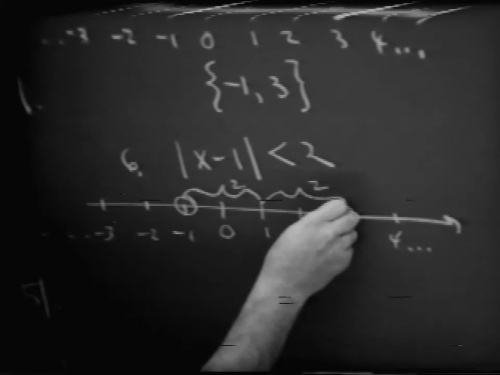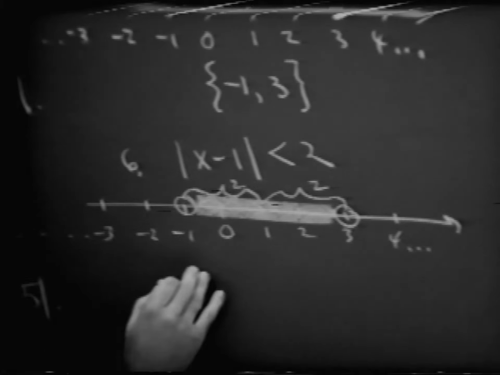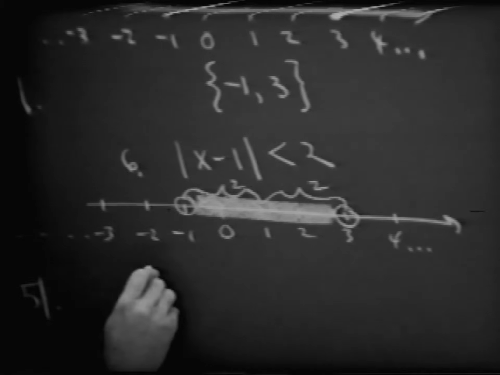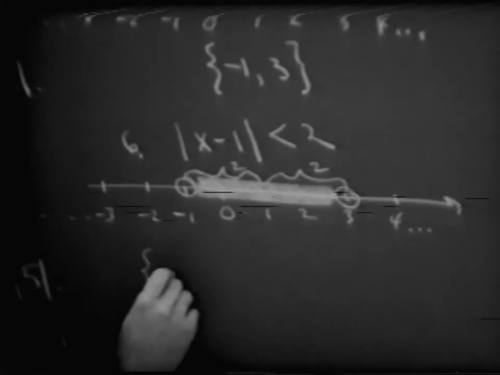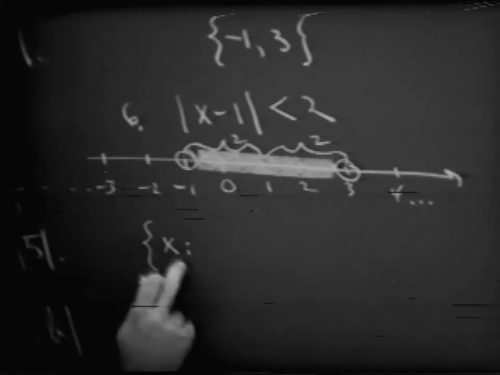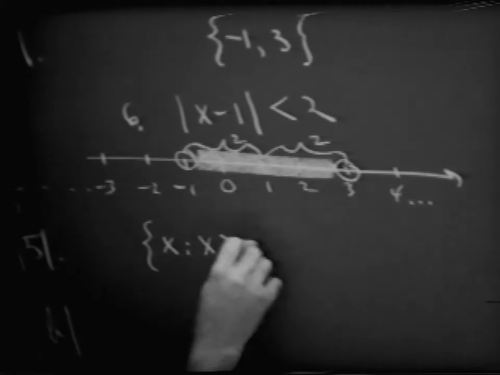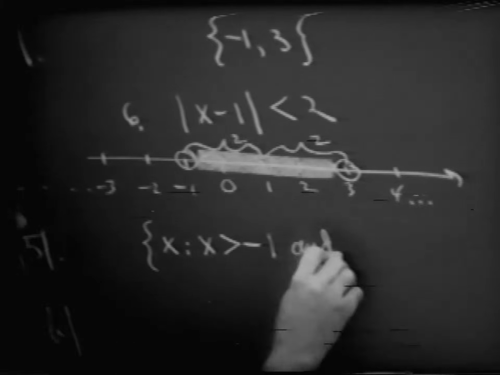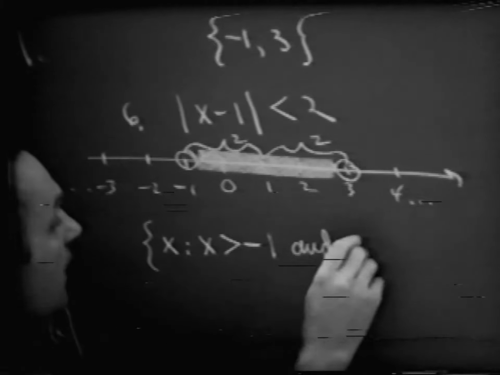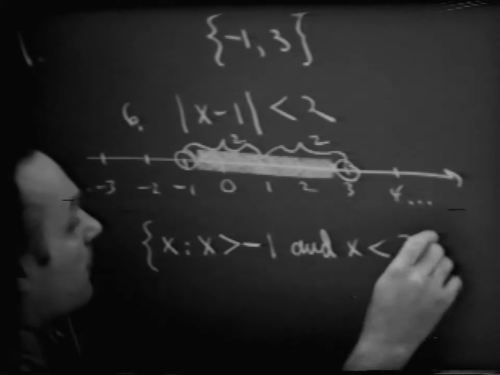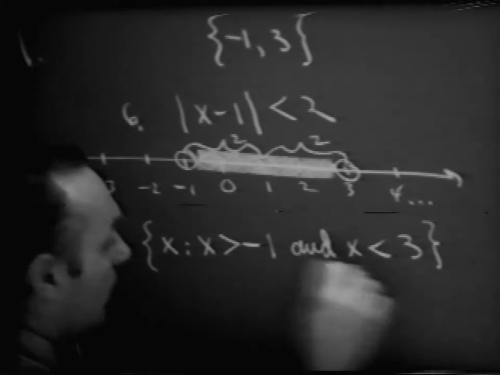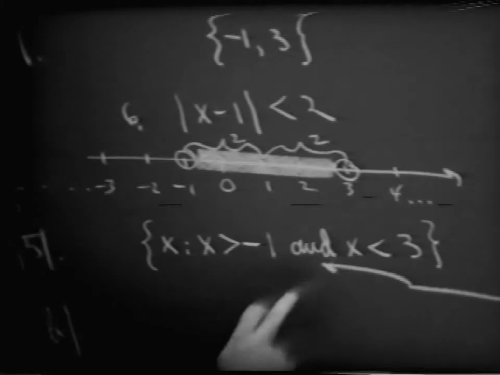A heavy line between, and there is our graph. Now, right from that graph, we may write our solution set. And let's write it as the set of all x's such that x is greater than -1, and, we must use the word and here, x is less than 3. All right? By the way, what was the fancy word that we used for the word and?